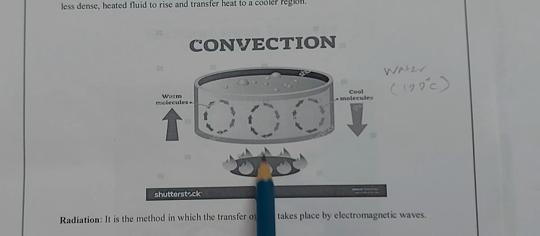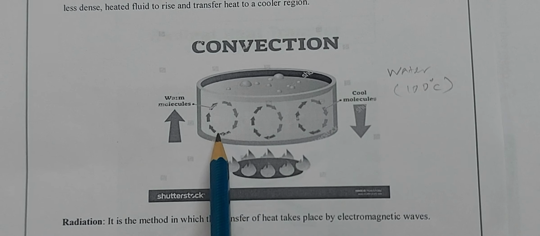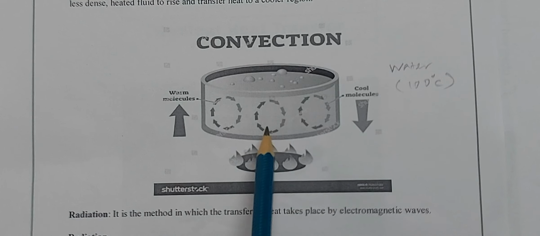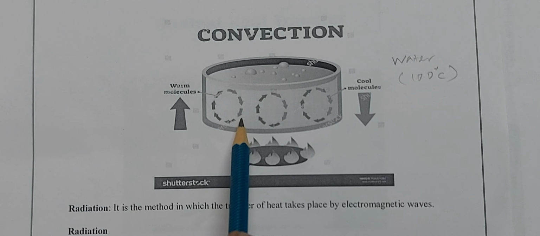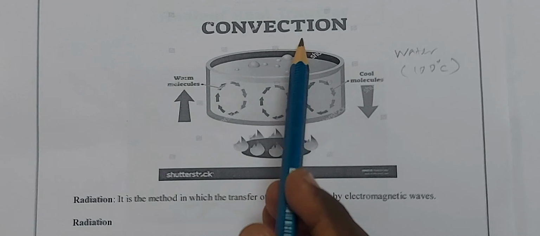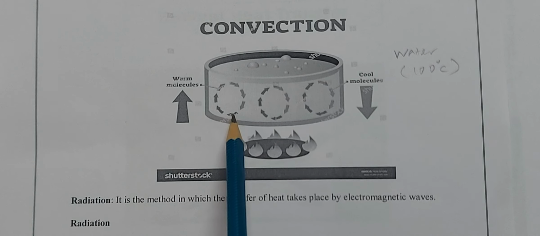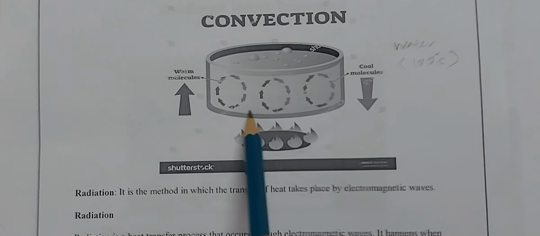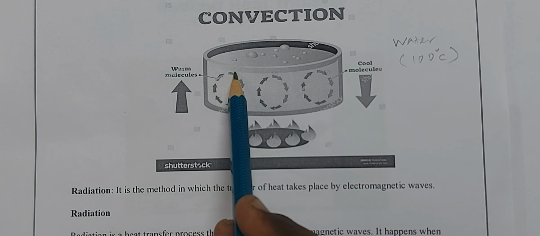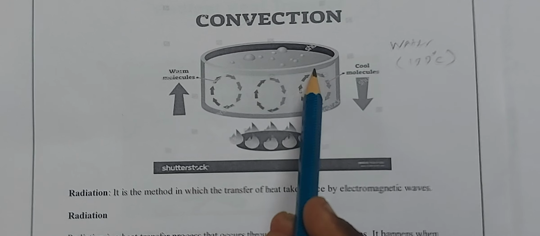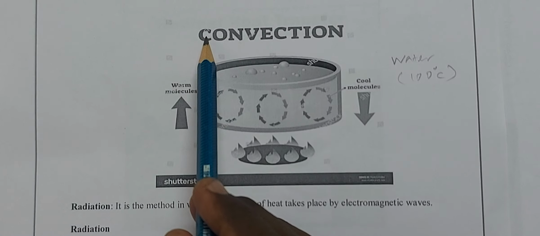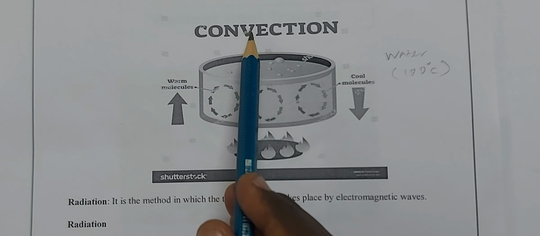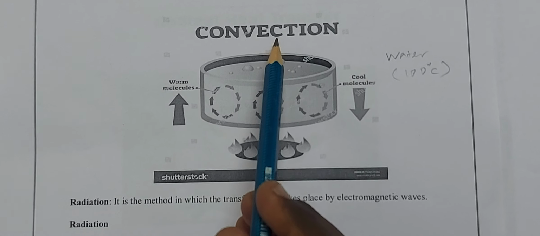Okay, so if you are heating the water, what will happen? The vibration of molecules will take place. So already I told that the heat energy will be transferred by means of vibrations of the molecular systems. Okay, so here, when boiling the water, what will happen? The molecules present at the lower end are set to vibrate and move to the outer surface of the environment. So at this time, if you place your hand or any part of the body, we feel that heat occurs in our human system.